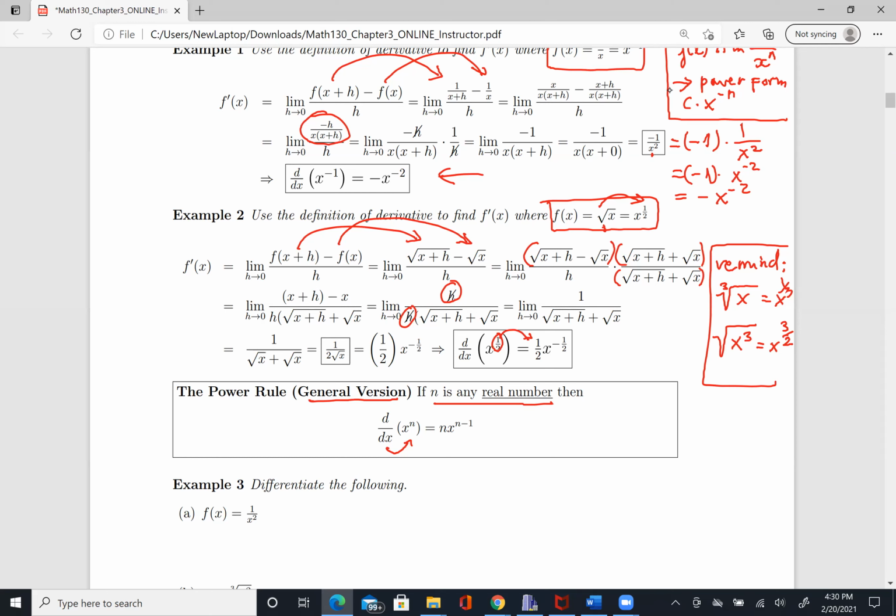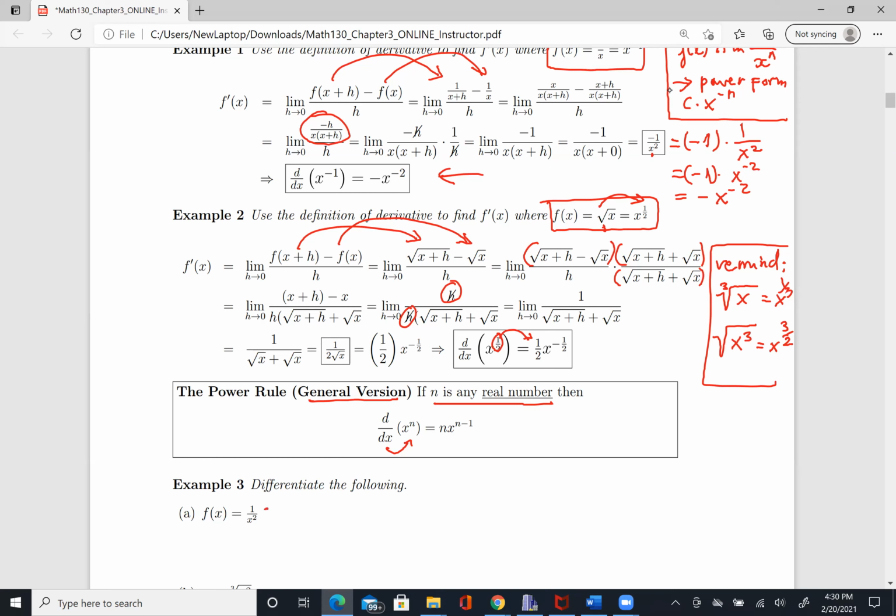Okay, so like I said before, anytime you see a function in the form of a constant over x power n, you should convert it to power form, so you can take the derivative of it easily.